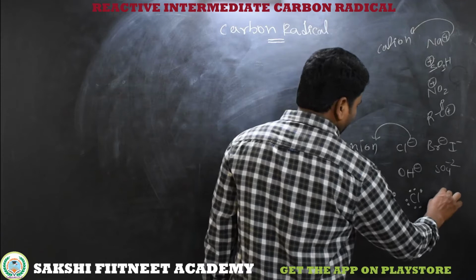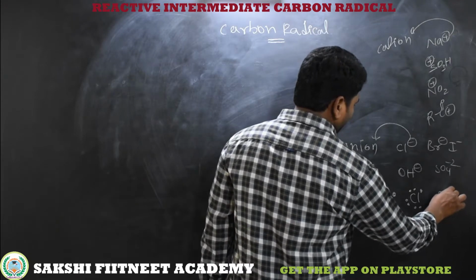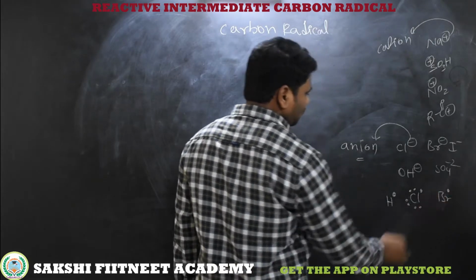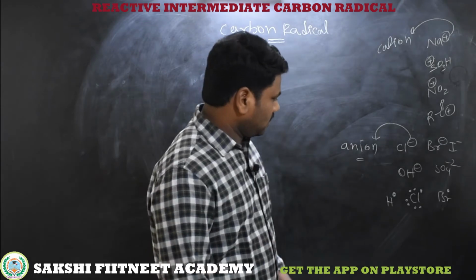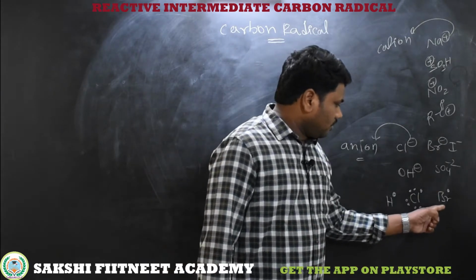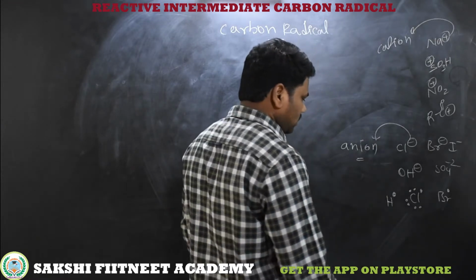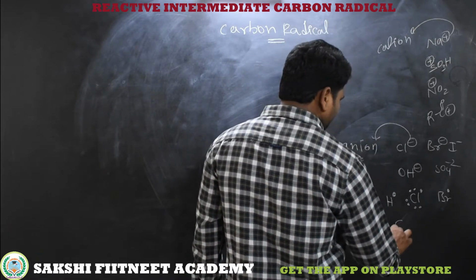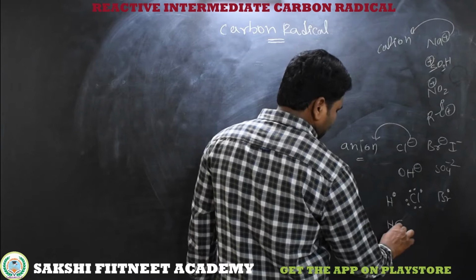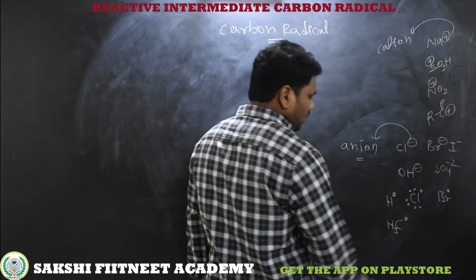Another example is a Br radical. Around this bromine, a 7th group element, it has 3 lone pairs and 1 unpaired electron, 7 valence electrons. Otherwise, here I am taking a carbon which is bonded with 3 hydrogens and 1 is unpaired.